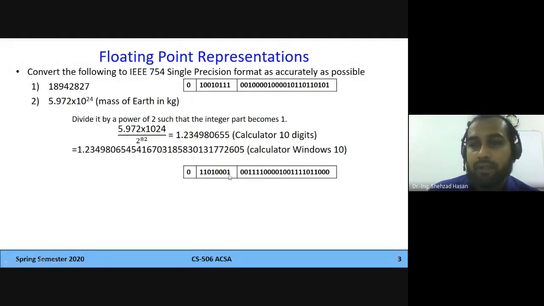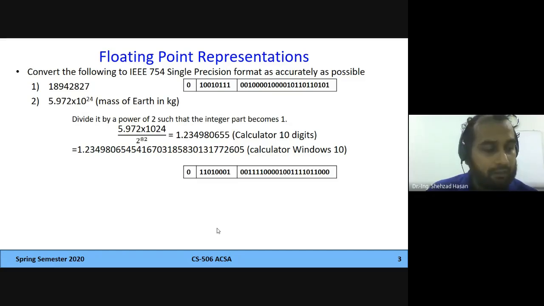So what is this exponent here? It is 128 plus 64, that would be 192, and then there is no 32, there is 16, and then there is a 1, so 17. So 192 plus 17.